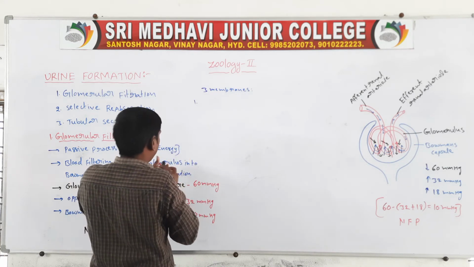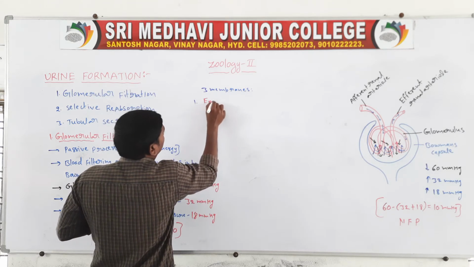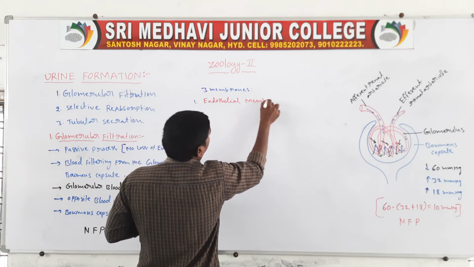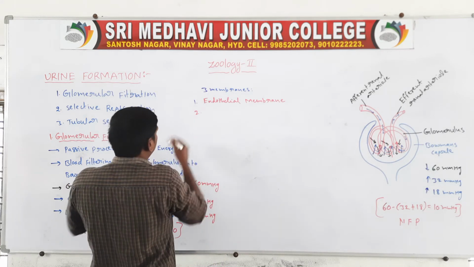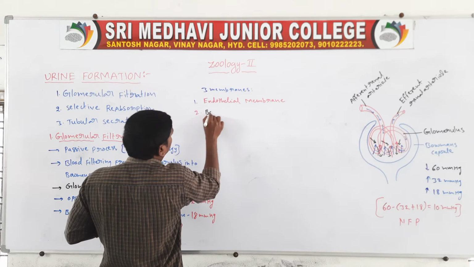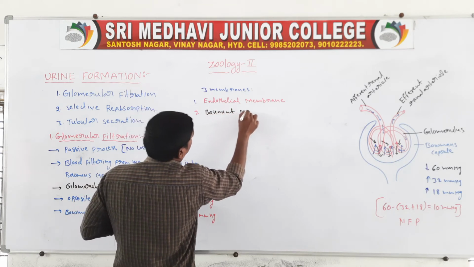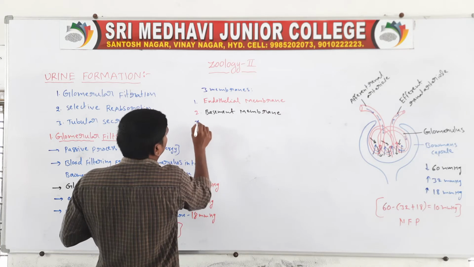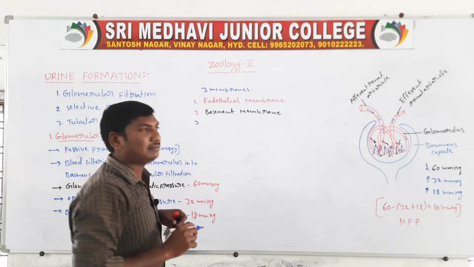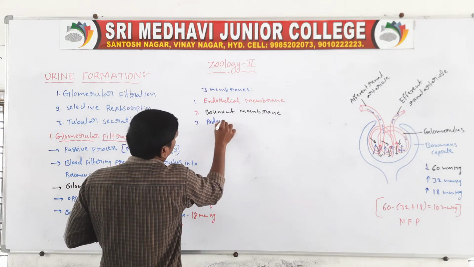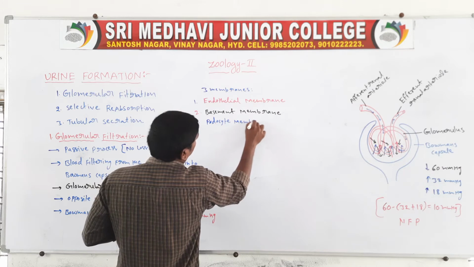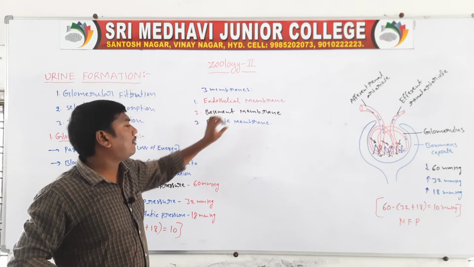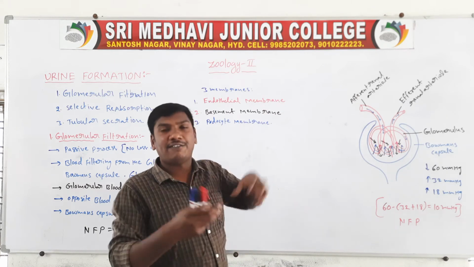One is the endothelial membrane, second is the basement membrane, and third is the Bowman's capsule membrane, the podocyte membrane. These three membranes filter the blood.